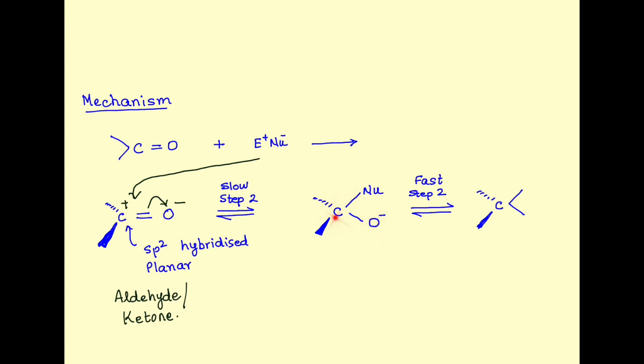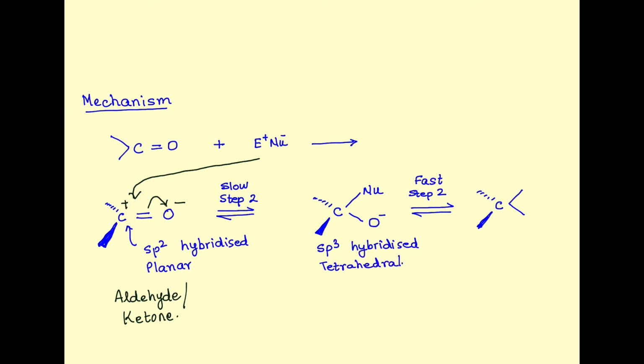For greater detail on hybridization and the structure, please visit the playlist on hybridization separately on the channel. So that means I have an sp3 hybridized carbon over here and our structure is tetrahedral, right?